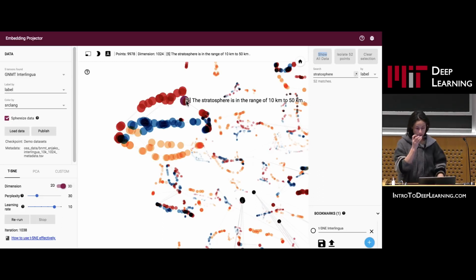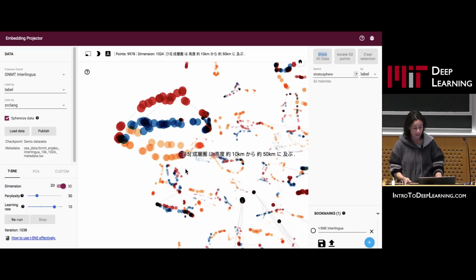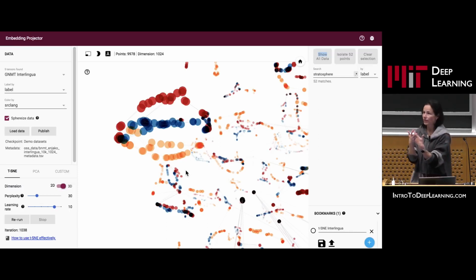Did you see, I just clicked out and you see the cluster has three colors here? So that was our indication that this was actually the beginning of a universal language. This system was actually able to coalesce the three spaces of three different languages in terms of semantic meaning.